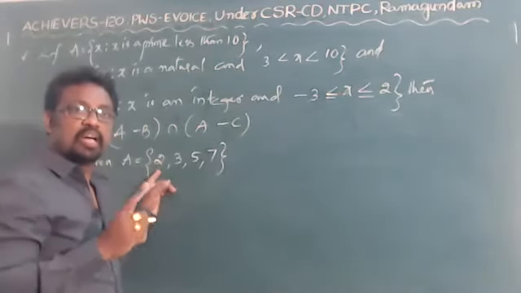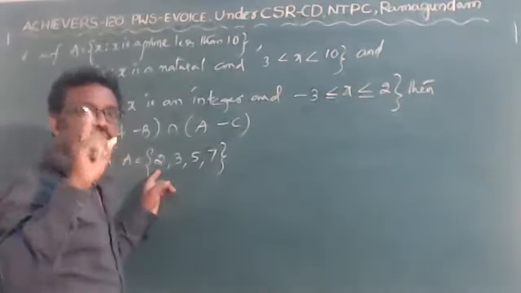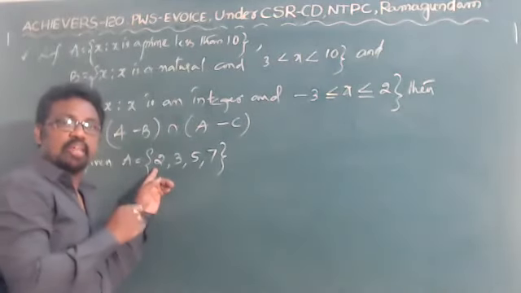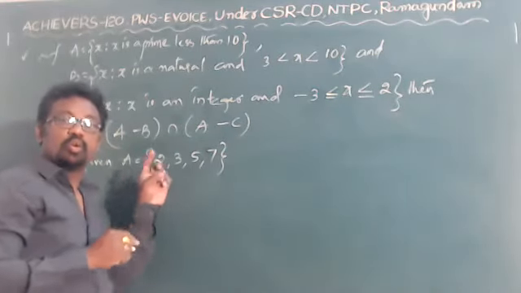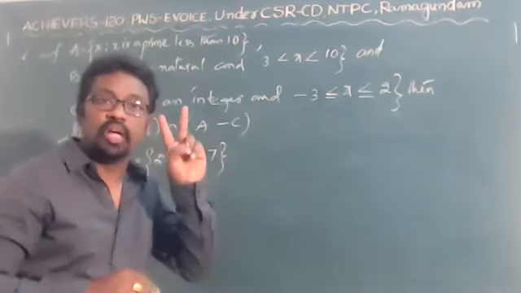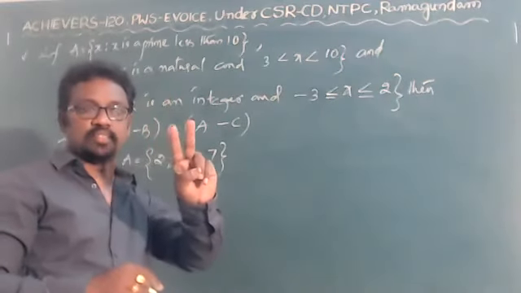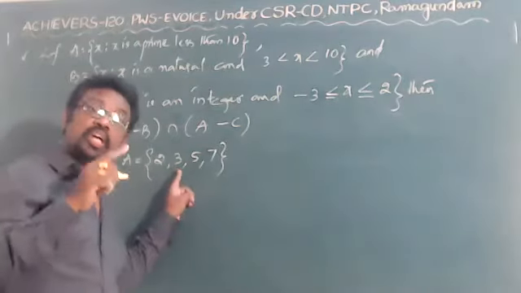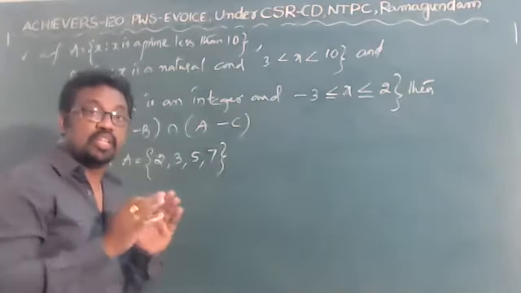A number is a multiple of itself and 1. Suppose the element 5 is there. Only a prime number has only 2 factors. Take 3: 1 into 3, 3 into 1. There is no other factor.